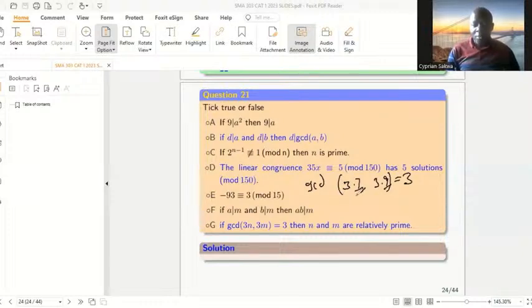But if they had another common factor, then 3 ceases being the GCD. The GCD becomes something different. For instance, if this was to be 8 and this was to be 6, so that there's another common factor, then the GCD will not be 3, it will be 6.